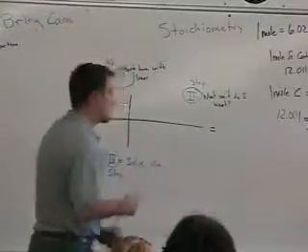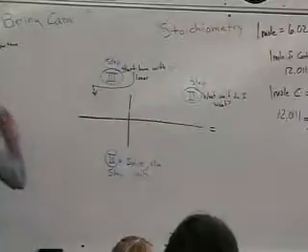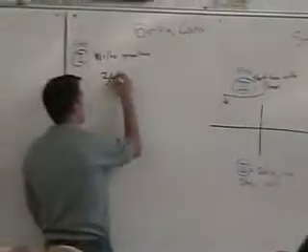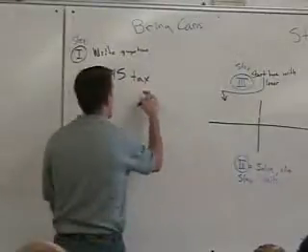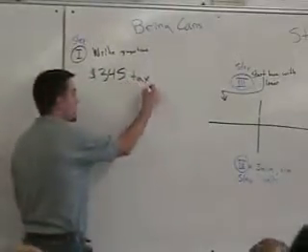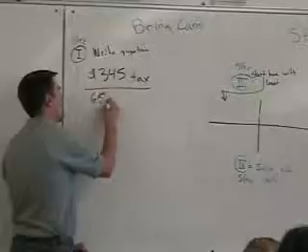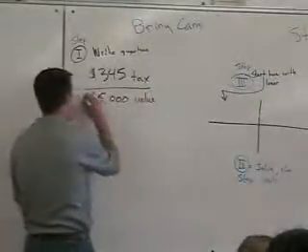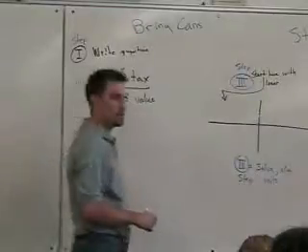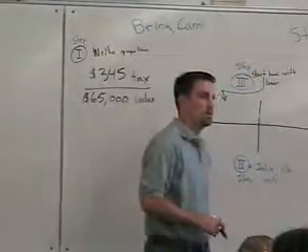So what's my proportion? 345 what? Tax. Good. You have to distinguish between tax and the $65,000 value. Good work. All right. What's my loaner?